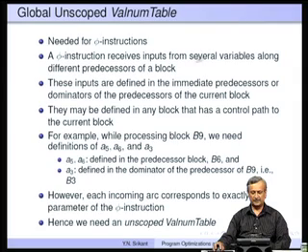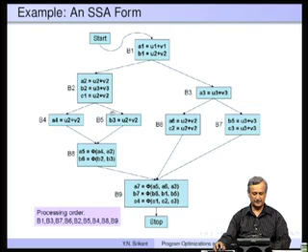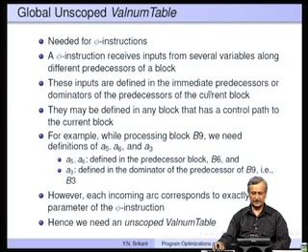So, phi gets many variables along its incoming edges, and they could be defined in the immediate predecessors. So, for example, here A4 is defined in the immediate predecessor, but A2 is defined in the dominator, that is upwards, okay. That is what it is saying, are dominators of the predecessors of the current block.